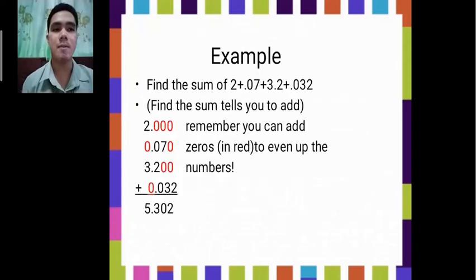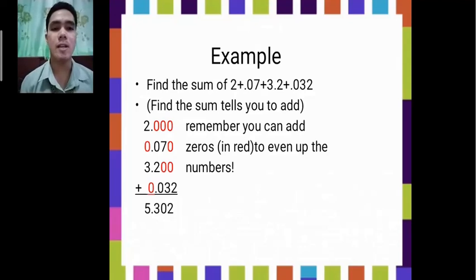Let's have the example. Suppose we have to find the sum of 2 plus 0.07 or 7 hundredths plus 3.2 or 3 and 2 tenths plus 0.032 or 32 thousandths.